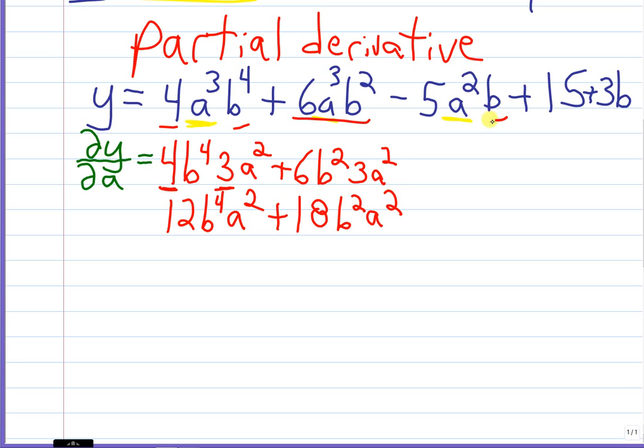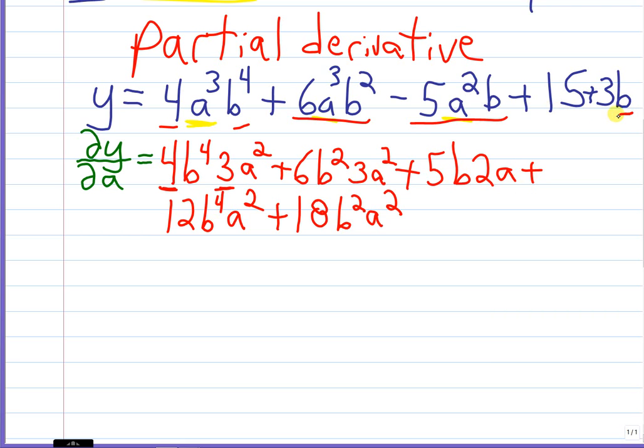Now we look at this next term. 5a squared b. The 5b we treat as a constant. So 5 and the b. Now we take the derivative of the a squared, which is just 2a, plus the derivative of the 15 with respect to a, it's 0, so we leave it alone.